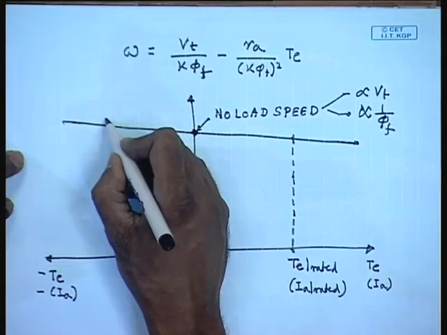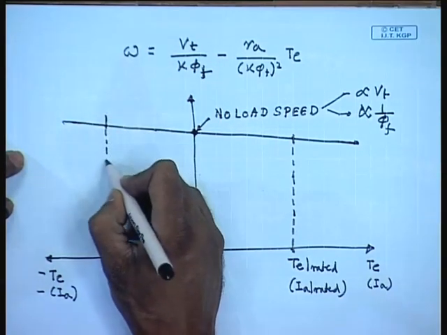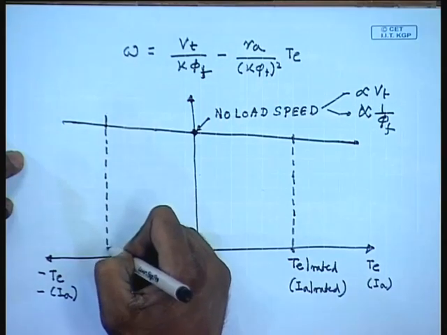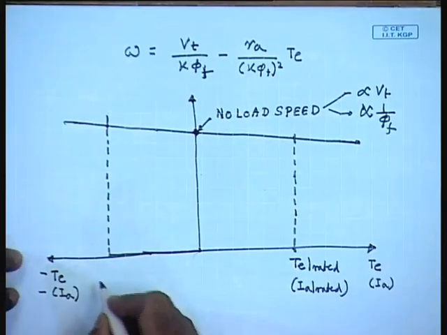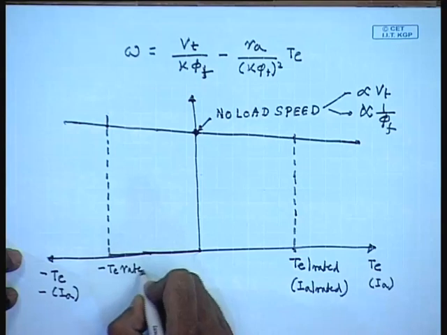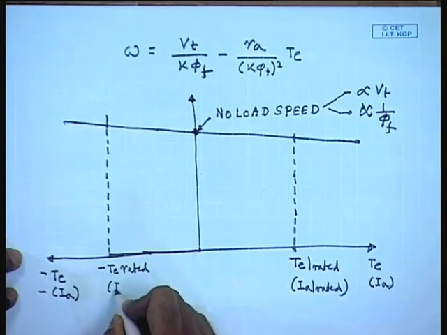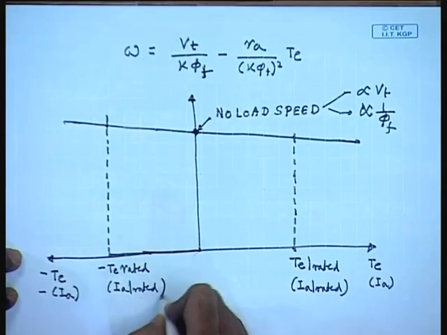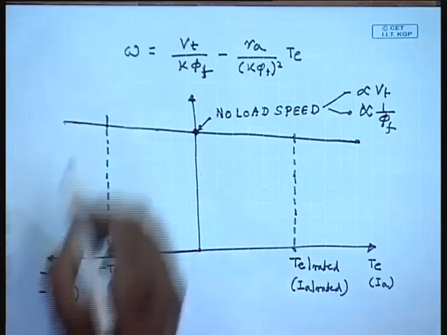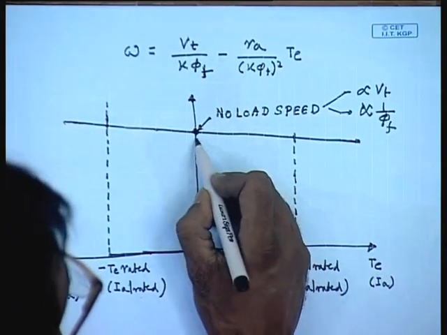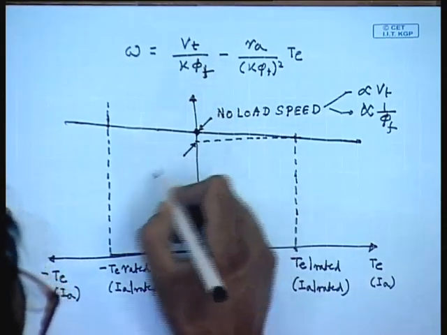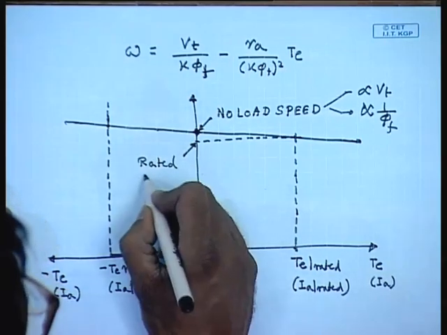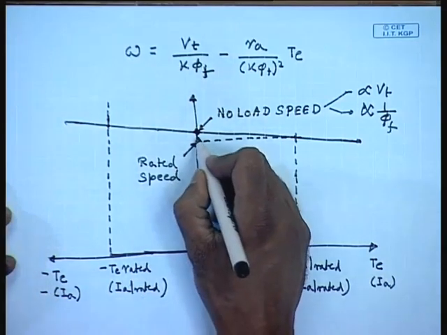In the generating side also there will be a minus Te rated. So, if this is the no load speed, this will be the rated speed, which is somewhat lower than the no load speed.